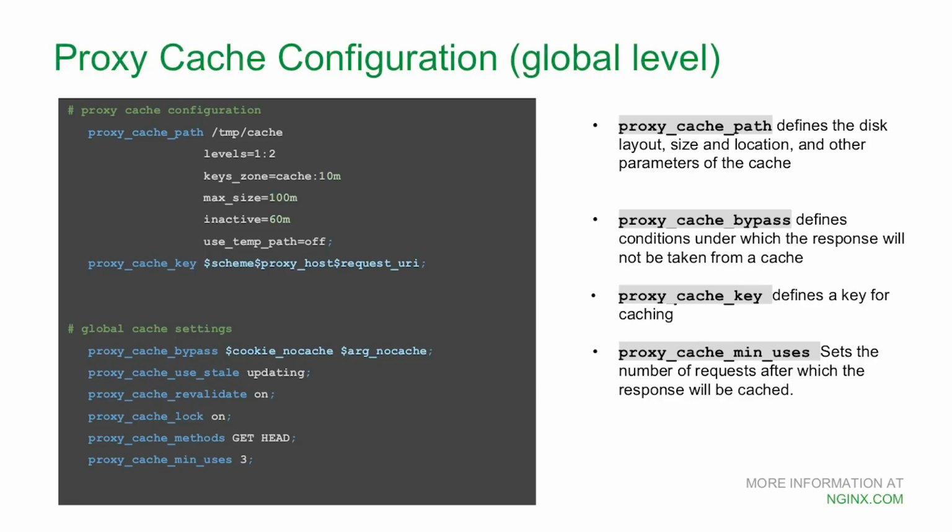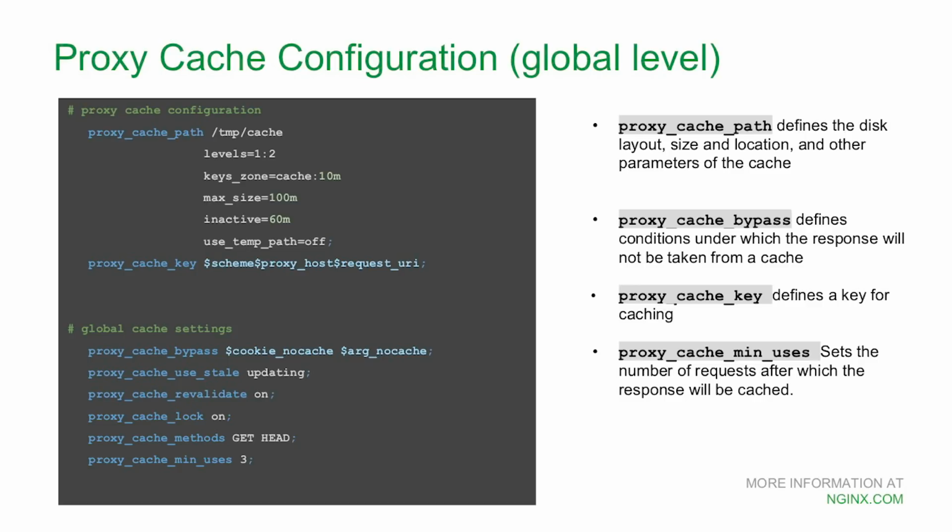On the cache proxy side, we need to set up the proxy cache, and here you'll see some typical proxy cache directives, such as where in the file system I'm storing the cached objects, what the folder structure looks like, what the maximum size of my cache is, and also what my cache key is.